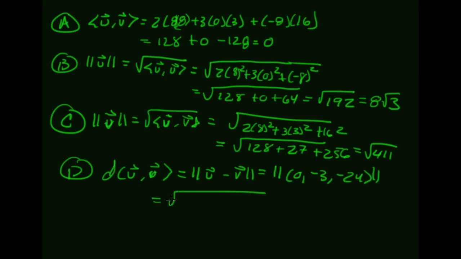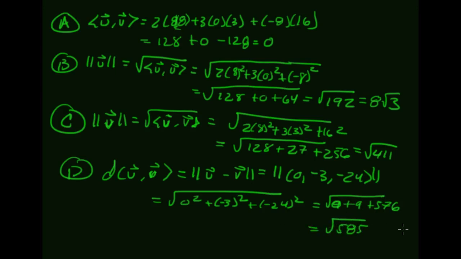So that's the square root of 0 squared plus negative 3 squared plus negative 24 squared, which is 0 plus 9 plus 576, which is the square root of 585. All right, so that's problem 2.